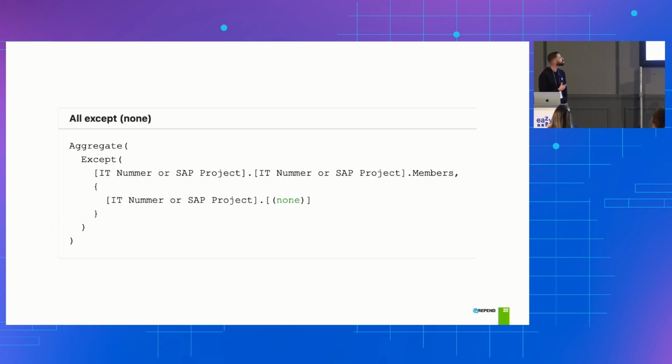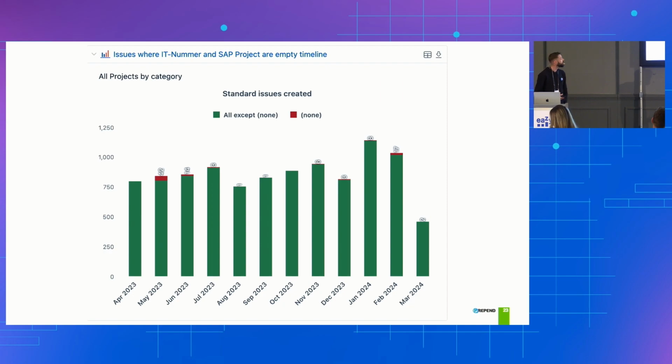Plus, I can use the exact same MDX, just change the field name and get a new report that shows all the empty values where both IT number and SAP project are empty.